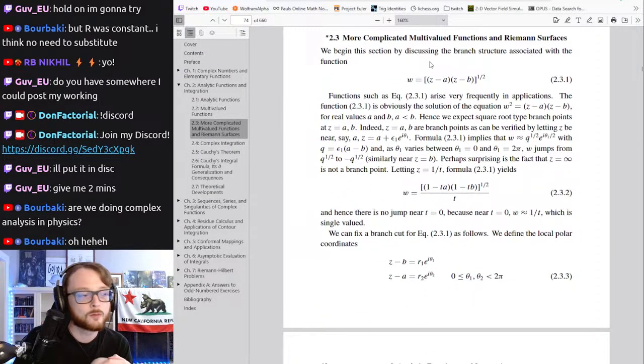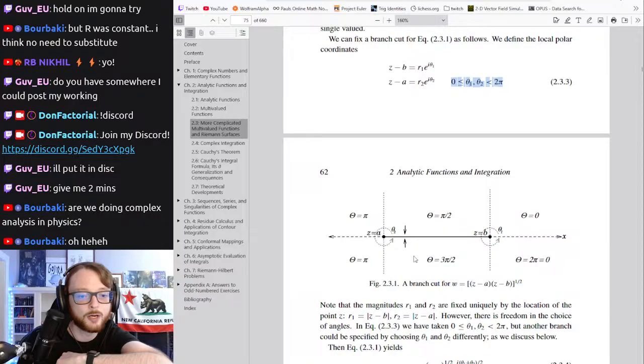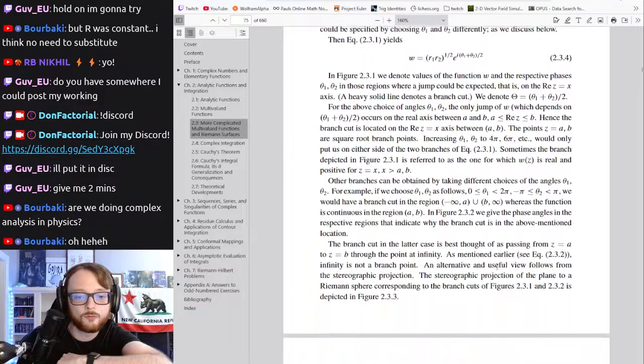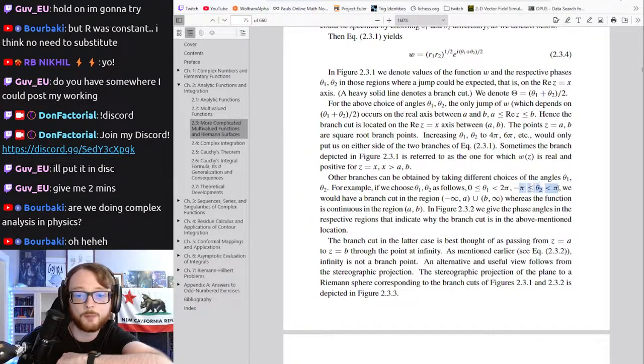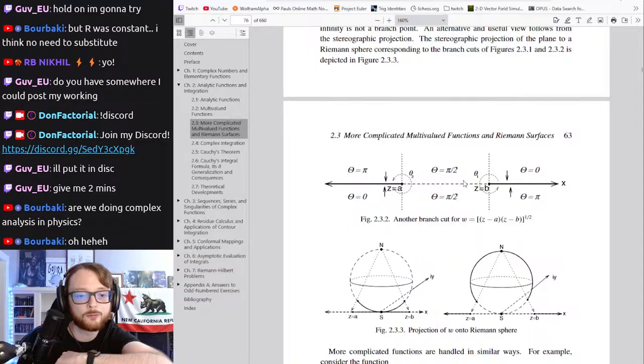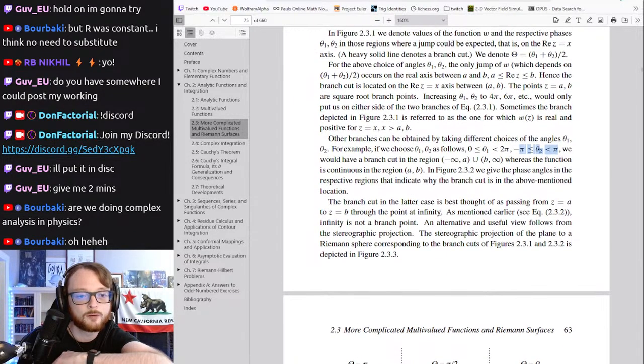The book that I'm reading is talking about this function, and I'm trying to figure out, if you use these local polar coordinates that they set up, why does the particular choice of theta 1 and theta 2 lead to how the branch cuts look? I just had a breakthrough and figured out why this choice of theta 1 and theta 2 gives us this branch. And now I just want to confirm what the other case is, which is if you let one of them go from minus pi to pi, you get the branch cuts that go out to infinity. That's what I'm trying to figure out right now.